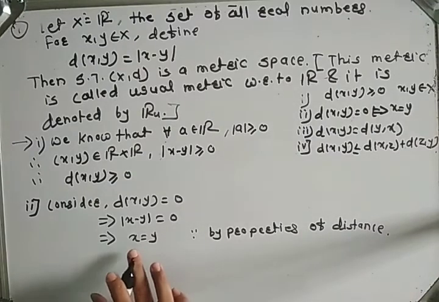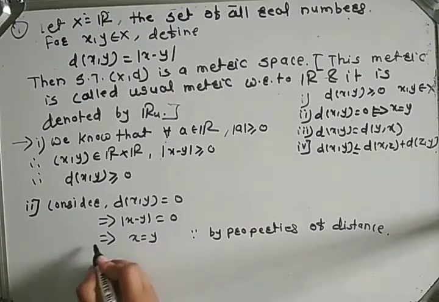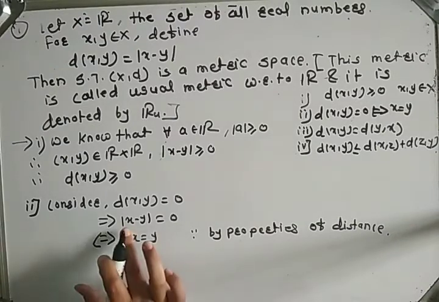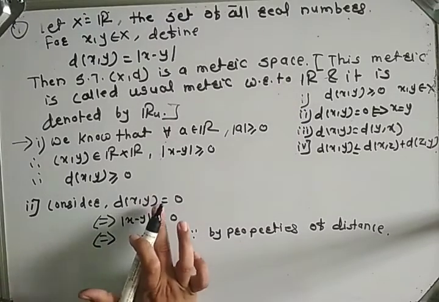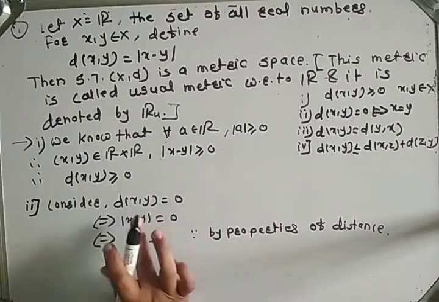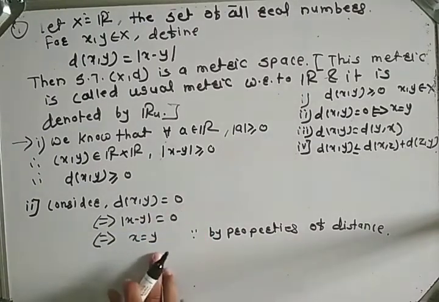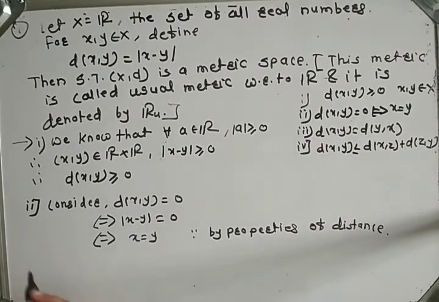If we go in the reverse way, that is, if we consider x is equal to y, that implies obviously mod x minus y is equal to 0. That implies d of x, y is equal to 0. This means d of x, y is equal to 0 if and only if x is equal to y. Hence, this satisfies second property.